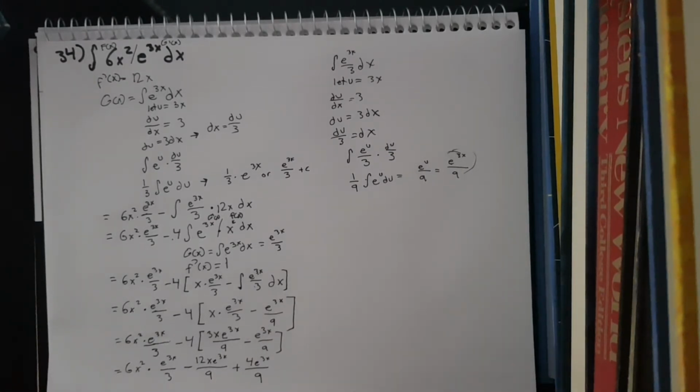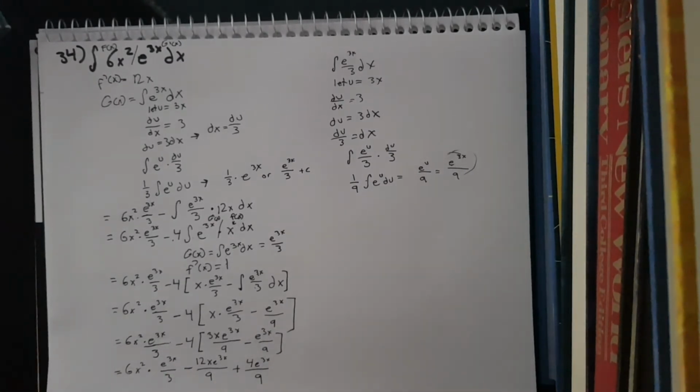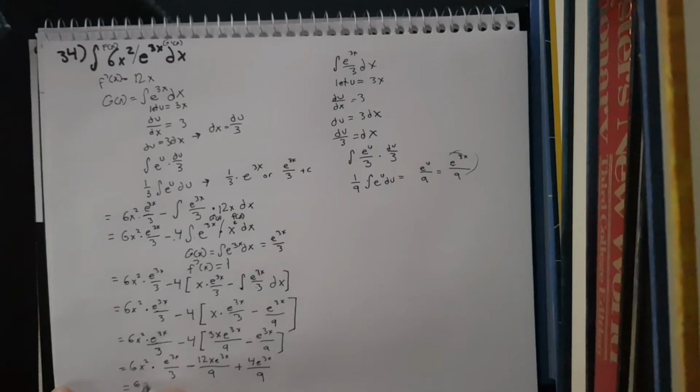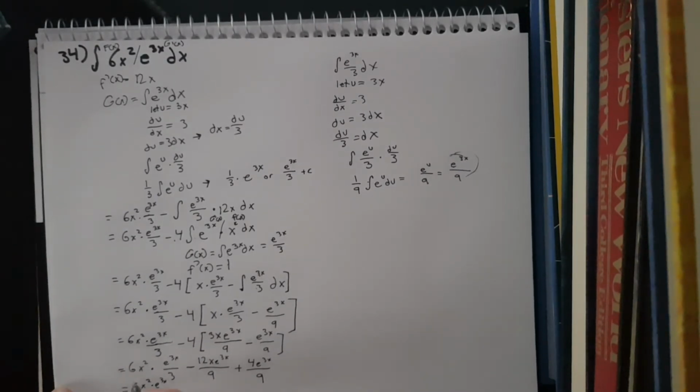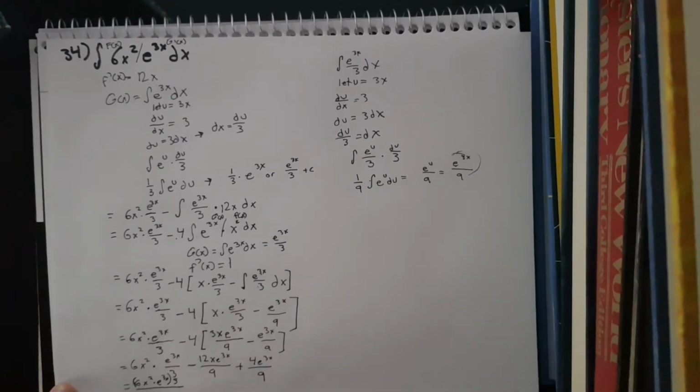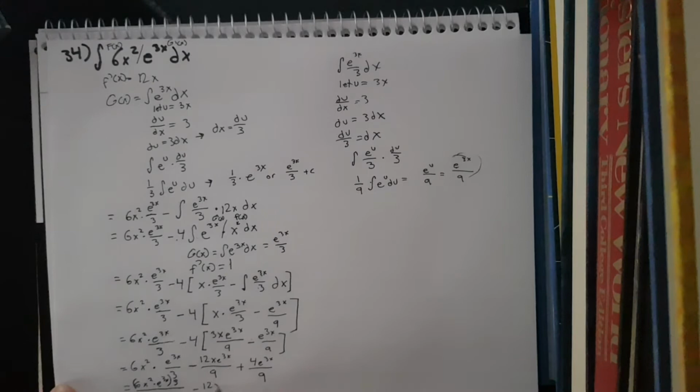And then what we could do is just make this have a denominator of 9, and we could just multiply this by 3 over 3, so equals 6x squared times e to the 3x, and then multiply by 3 all over 9 minus 12x e to the 3x over 9 plus 4e to the 3x over 9.